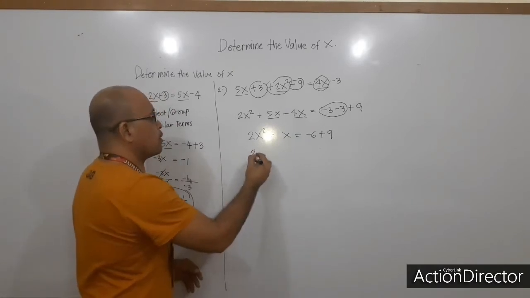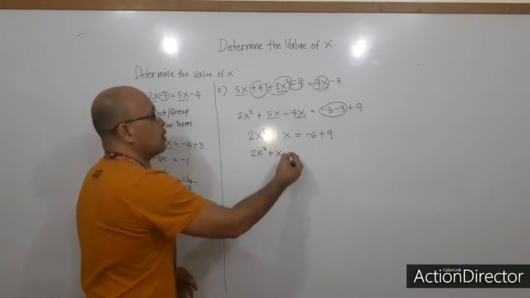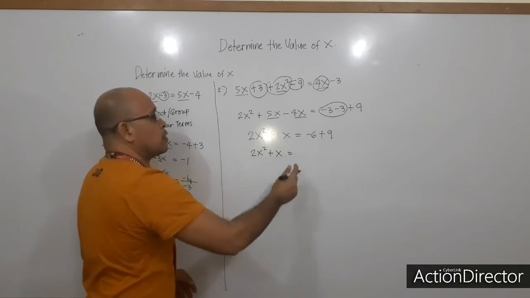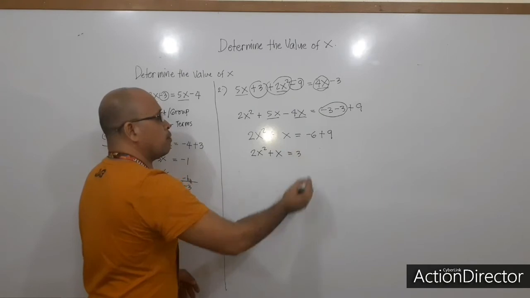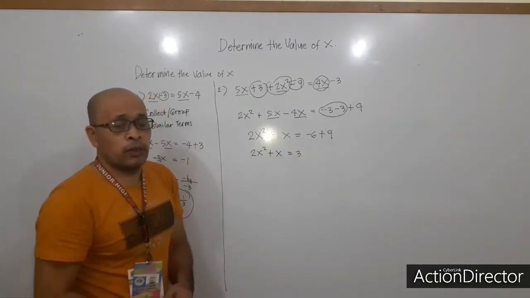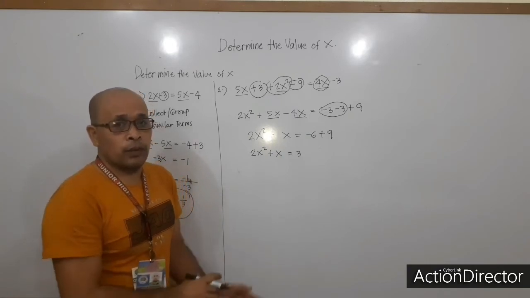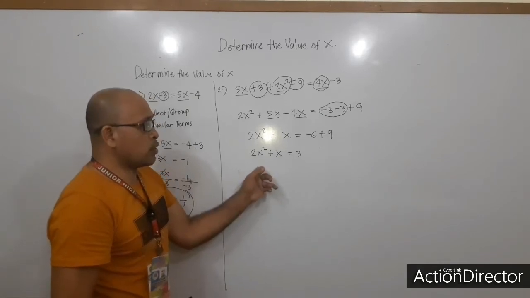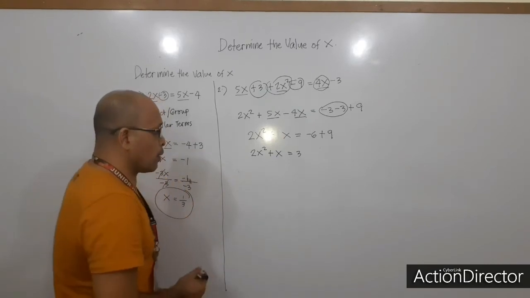So you have here 2x squared plus x equals negative 6 plus 9, so addition of unlike signs, it will become positive 3. That is why when you solve equations, make sure that you have a strong foundation of your lower grades mathematics, like addition, subtraction, and multiplication of integers.